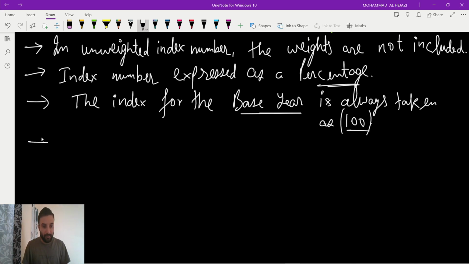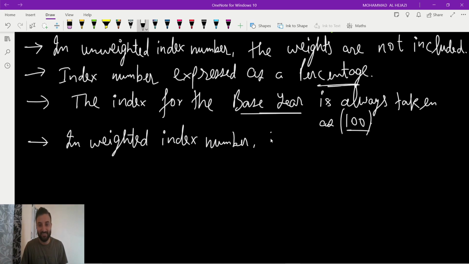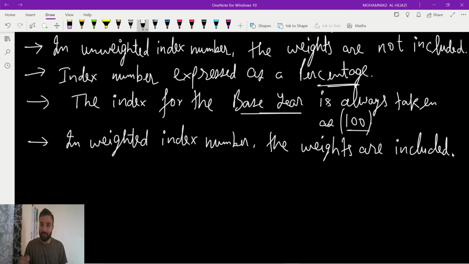So next, in weighted index number, what will happen? The weights are included, or the weights are assigned, or the weights are given, or the weights are taken.